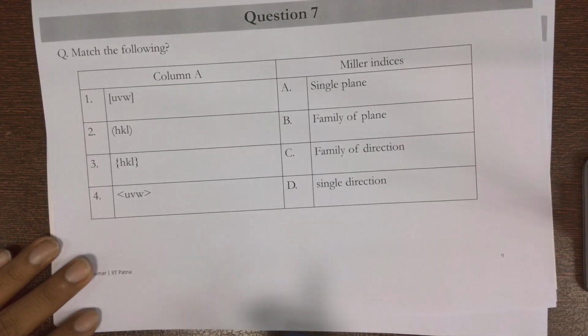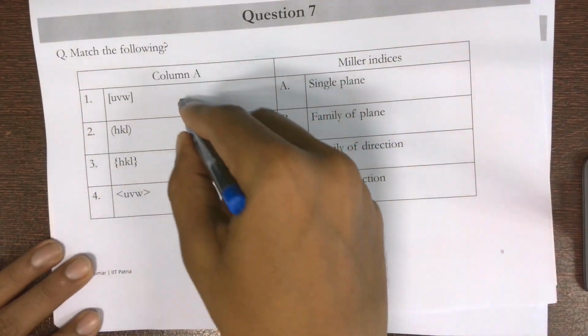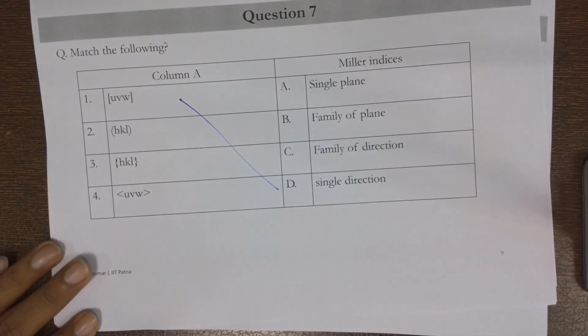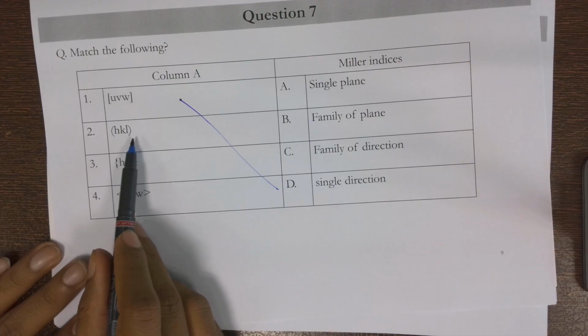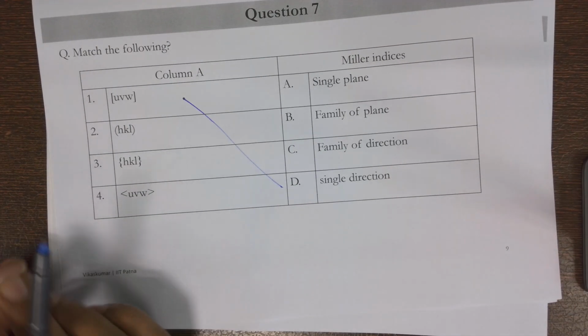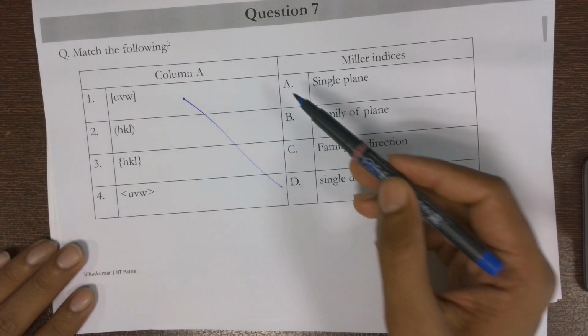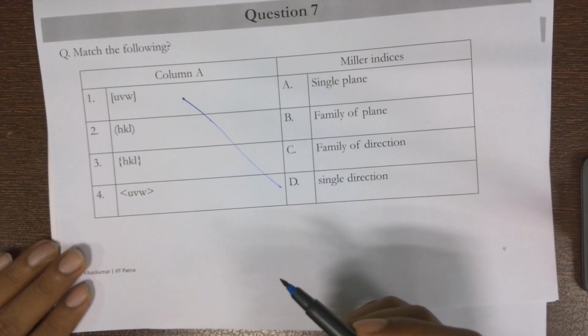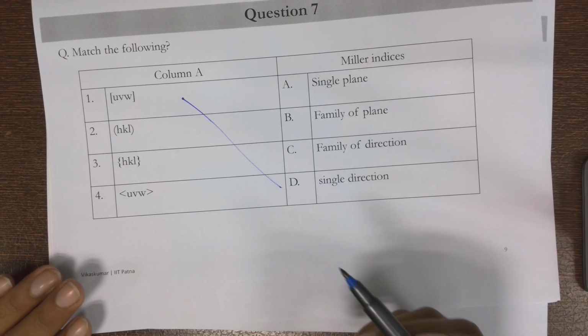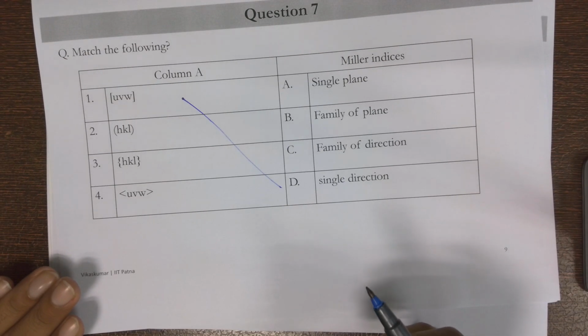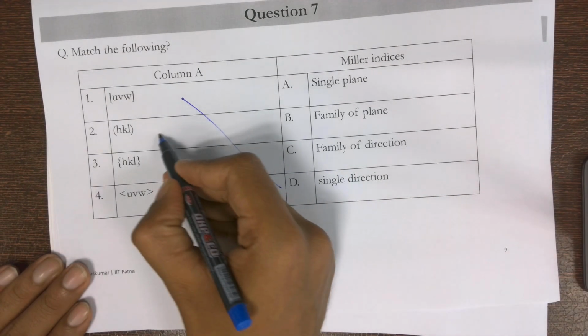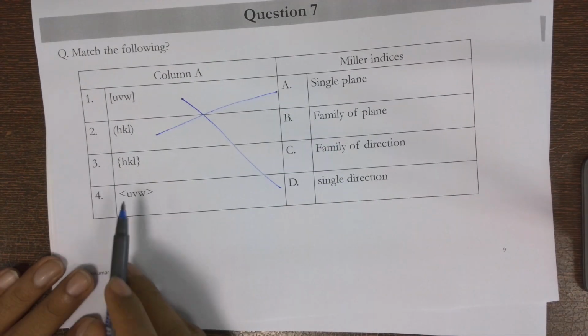One will match with D, when you told that A is with the D. What about the second one, HKL in the round bracket? A, B, and C. I think it was some network lag from my side. So the second one is A. It's a single plane. Great.